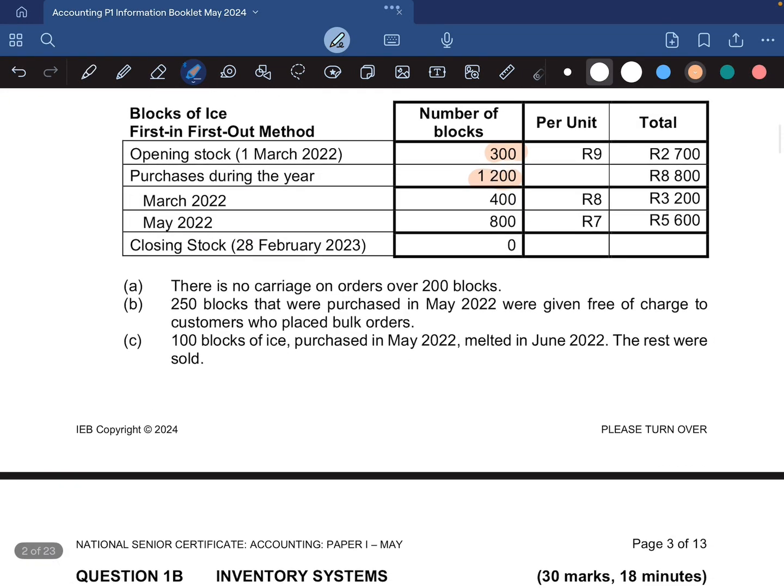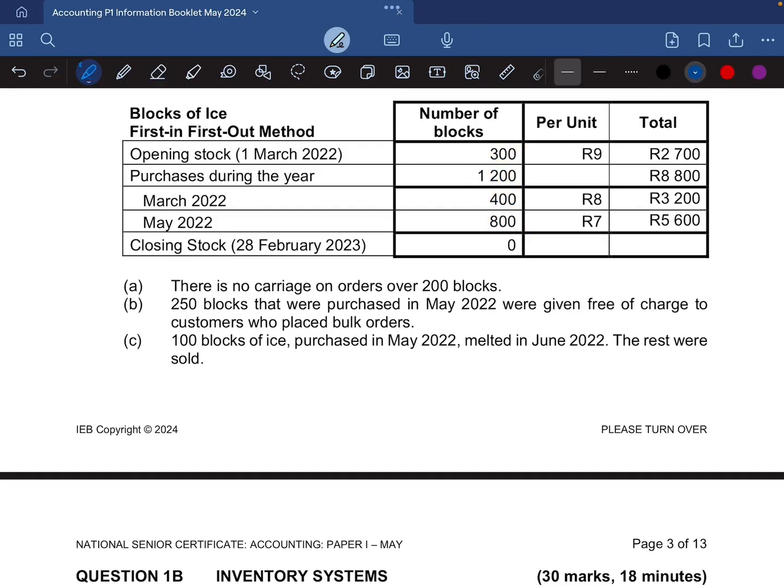So we have some extra pieces of information. Information A says there's no carriage on orders over 200 blocks, right? So we've made orders above 200 blocks, so we have not incurred any carriage fees, so that is okay.